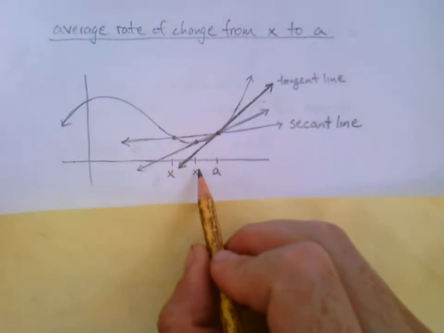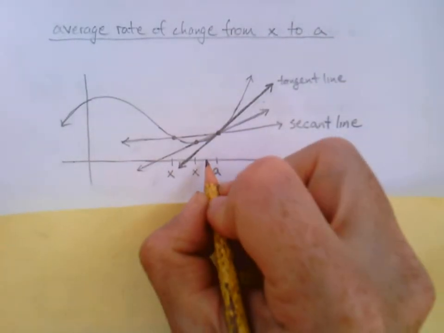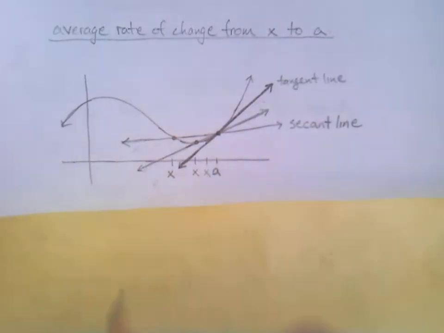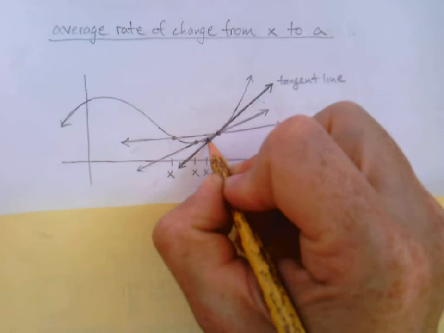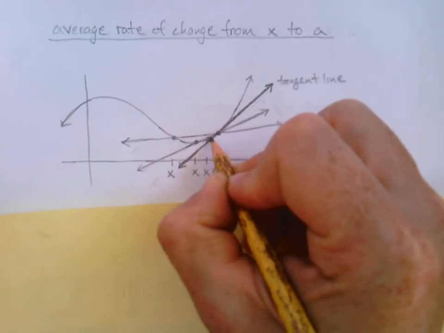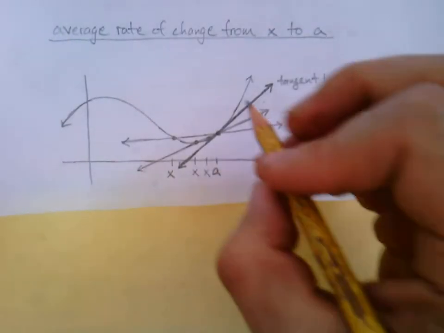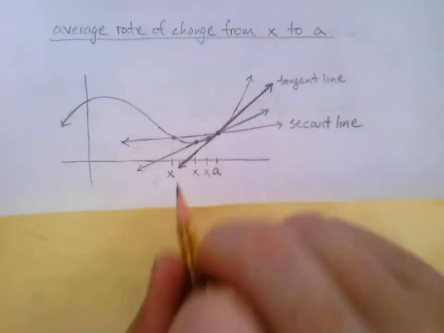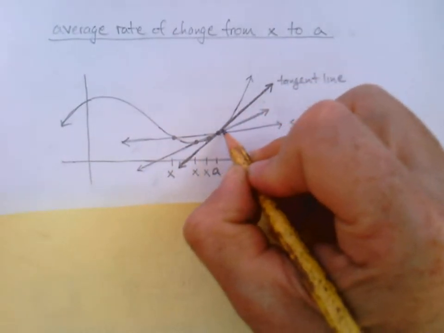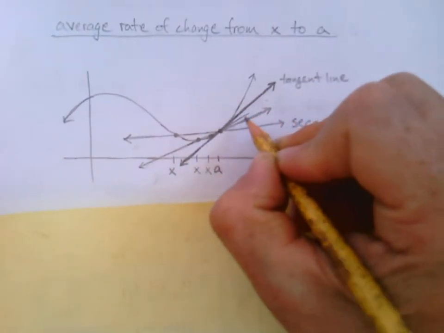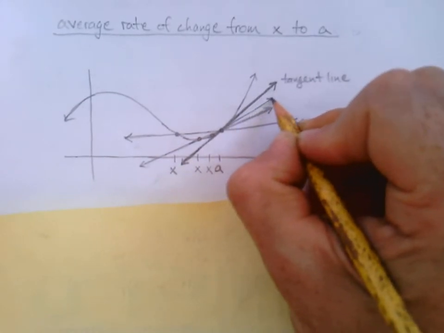What if I moved it even closer? What if I put that x maybe even closer to a, and I thought of this point on the function? It's starting to get kind of messy, but okay, I'll connect this point with a, and I'll get this line right here.